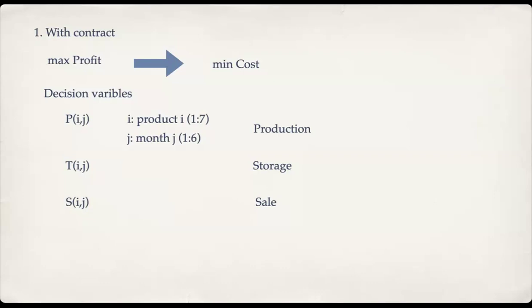So we have a matrix P_ij, i standing for product and j standing for month. The matrix P with 42 elements, which is the production.